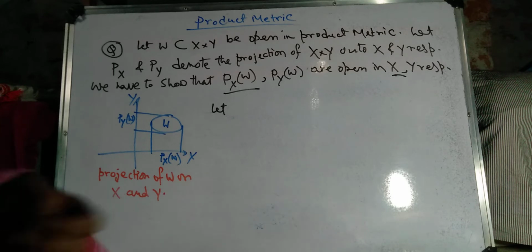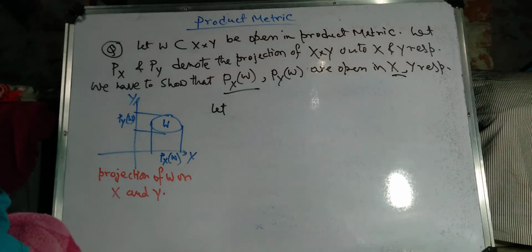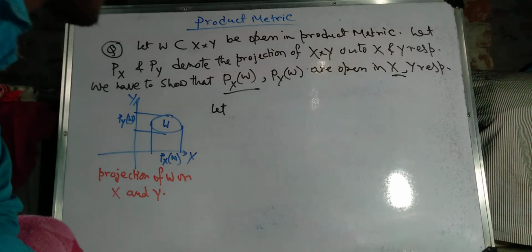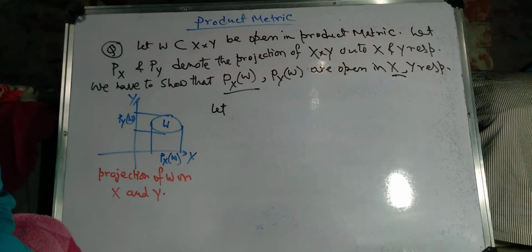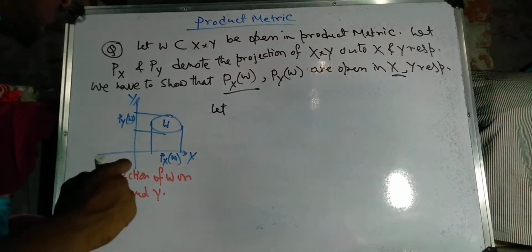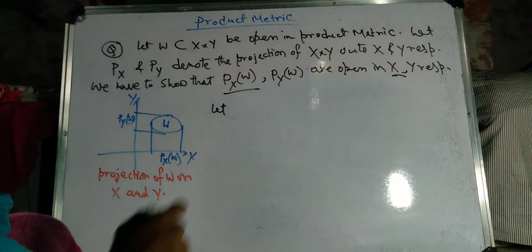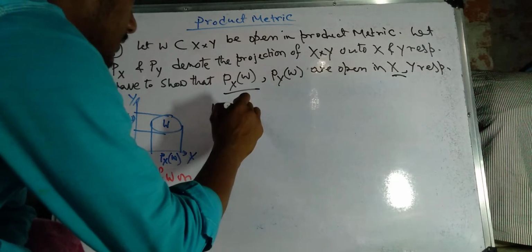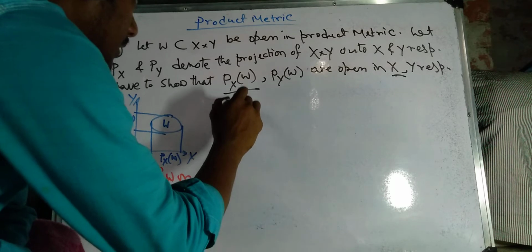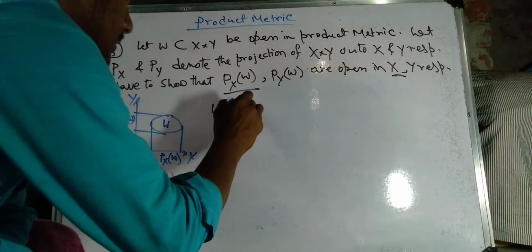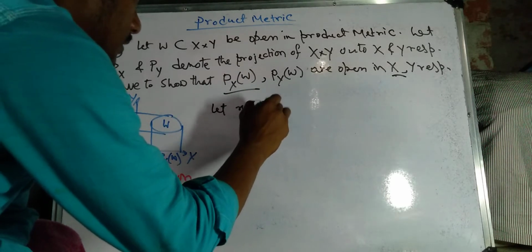Simply we take some point x in p_x(W). This one is open in X. That means we take one point, x belongs to p_x(W).